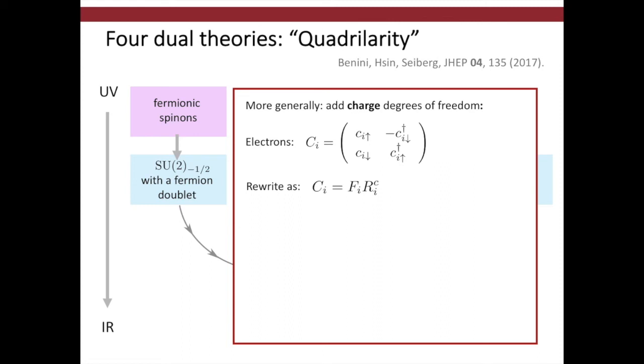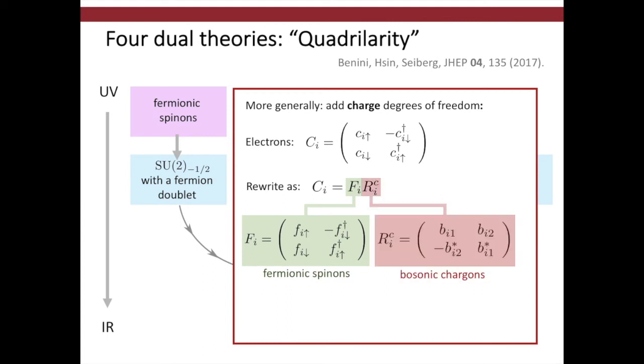The matrix F, containing the fermionic spin-on operators as before, and an SU2 matrix R with bosonic charge on fields B. The SU2 gauge symmetry corresponds to left multiplication of R by an SU2 matrix B, and as before, right multiplication of F by V dagger.